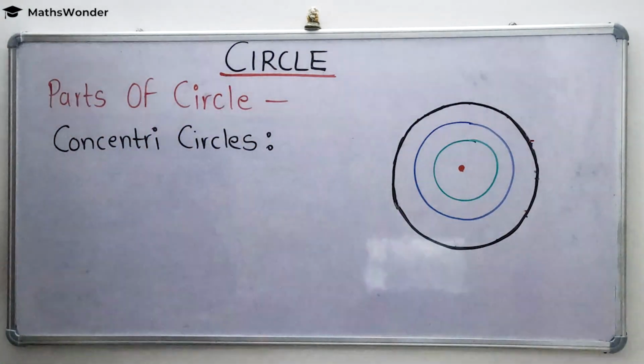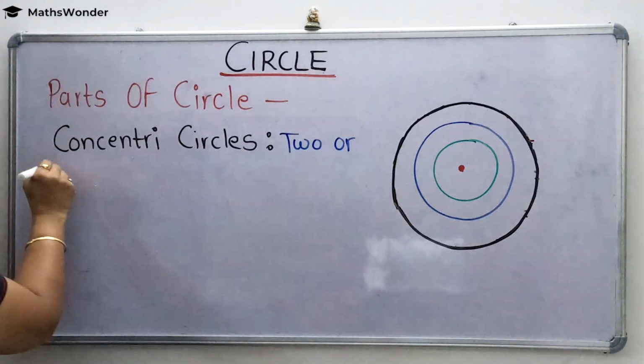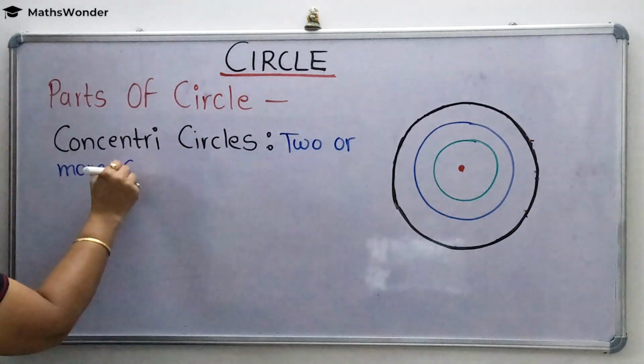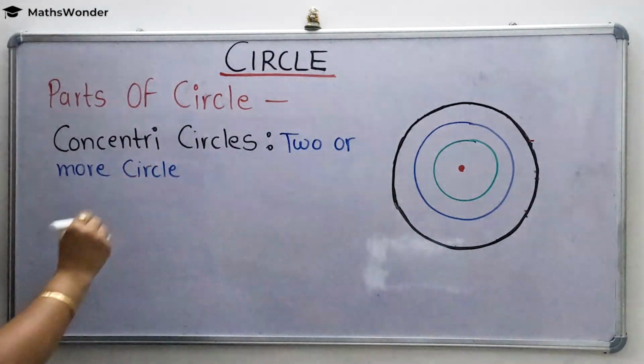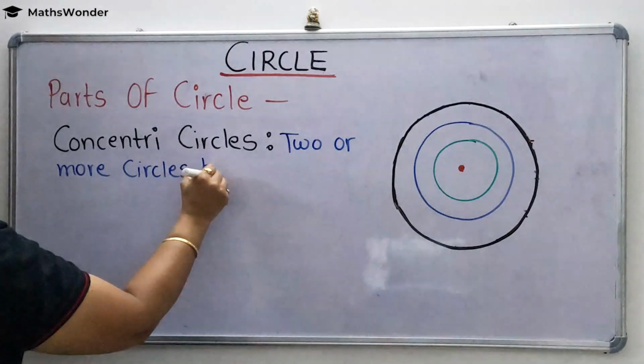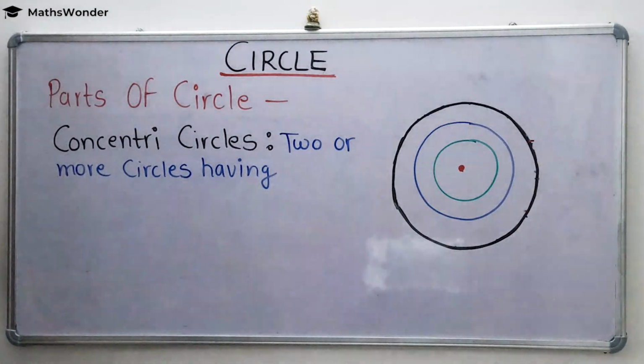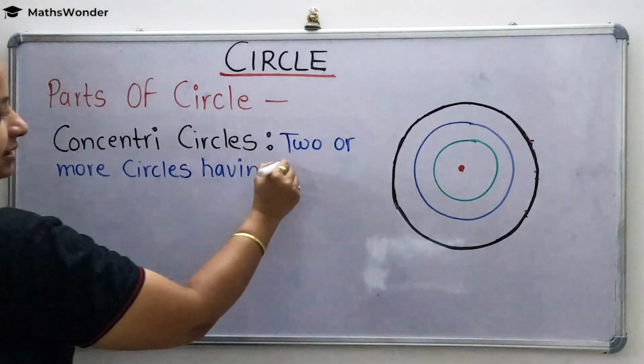When we have two or more circles, write down: two or more circles having the same center.